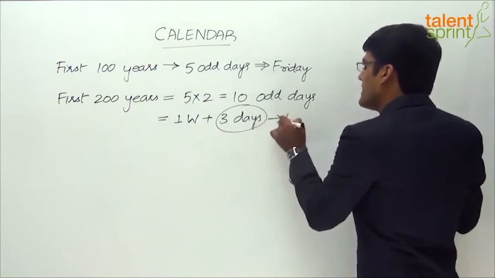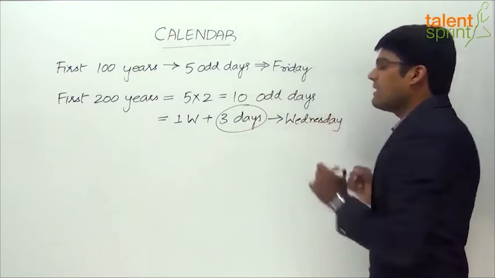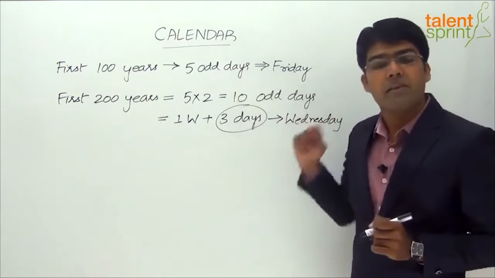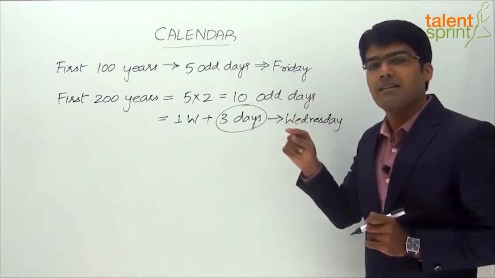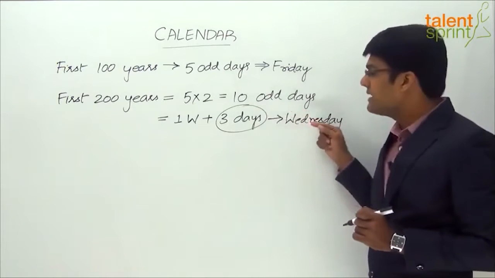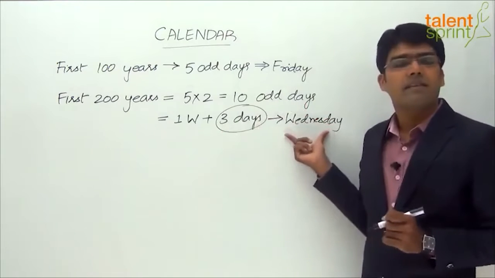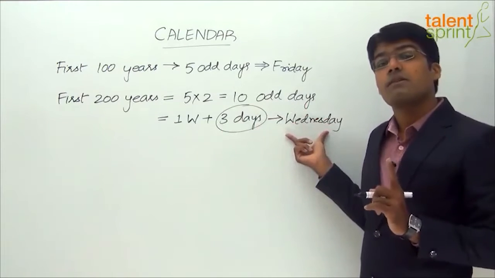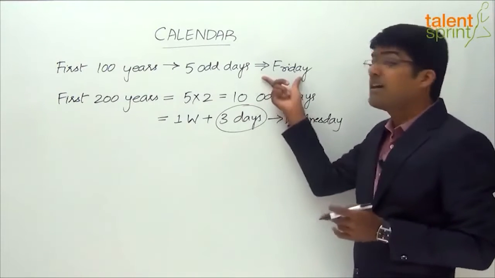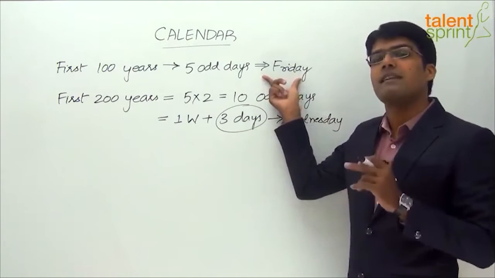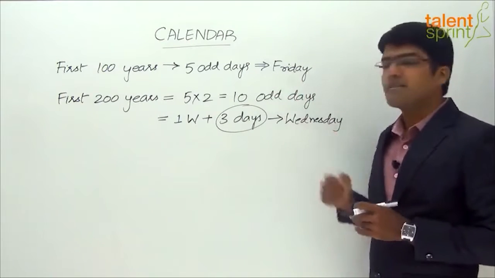So we can now say that the last day of the second century was a Wednesday, because starting from our reference point, which was a day before 1st January of the first year, to the last day of the 200th year, we have got 3 odd days, and 3 odd days indicates a Wednesday. So the last day of the 100th year, 31st December of the 100th year, was Friday, and 31st December of the 200th year was a Wednesday.